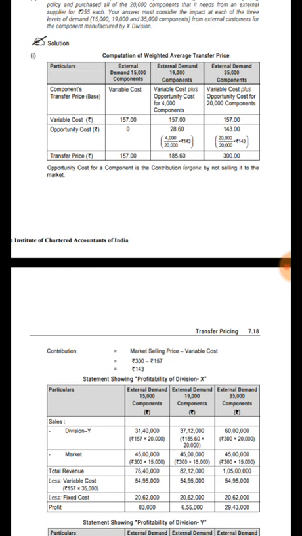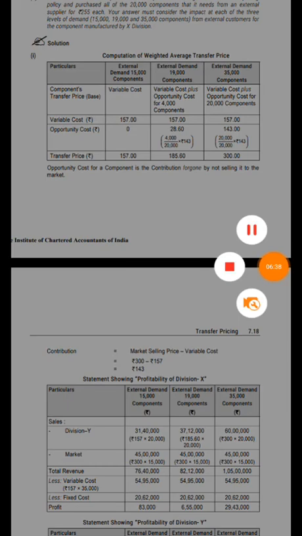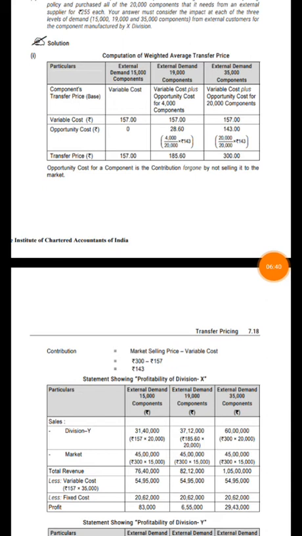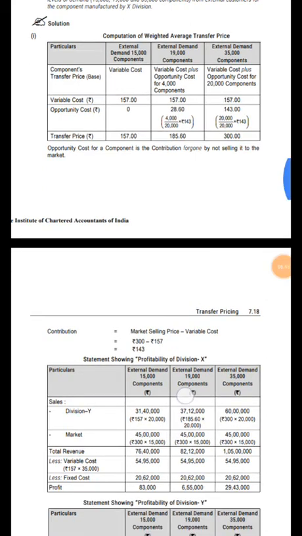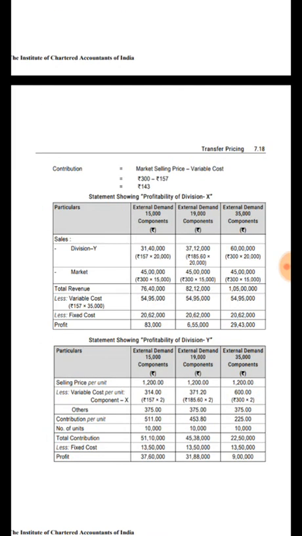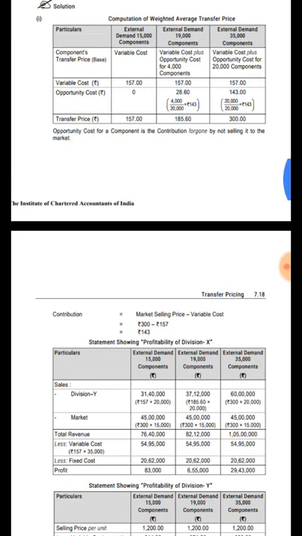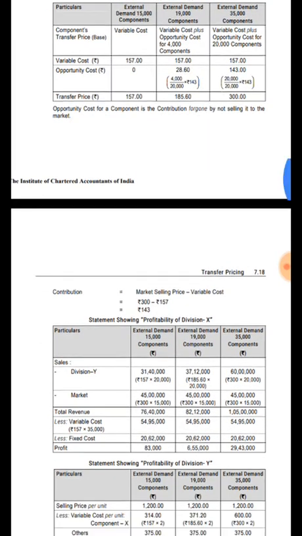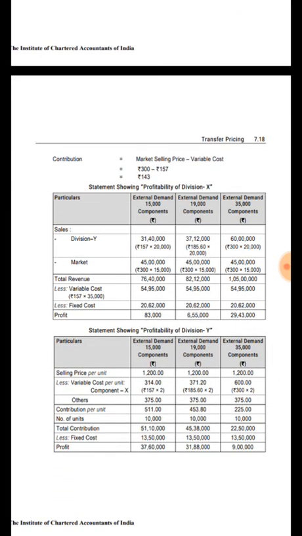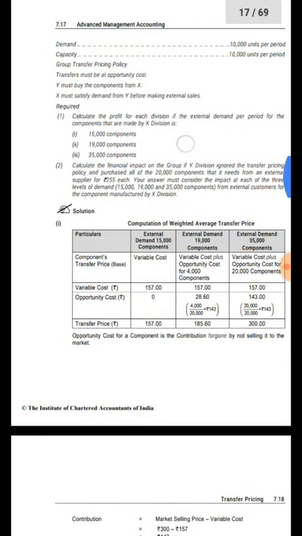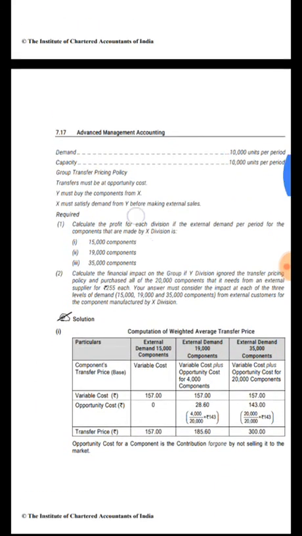Okay, so opportunity cost for a component is the contribution foregone by not selling it to the market. Okay, that's it.